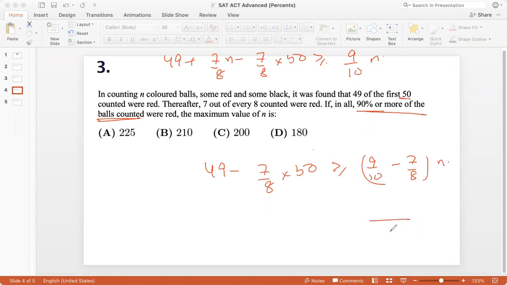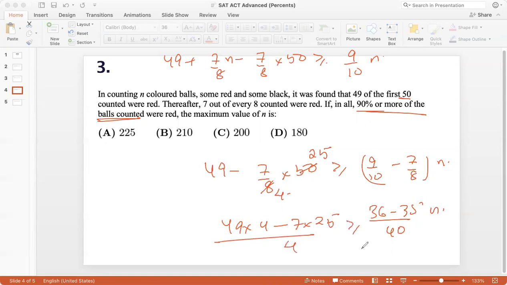So this becomes 36 minus 35 n, and this is 2 into 4 and 25. Okay, so 49 into 4 minus 7 into 25 by 4 is greater than or equal to. Okay, so this can cancel and this is 10.